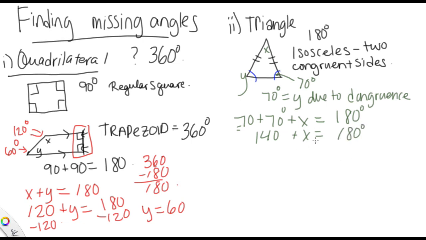How do we find the x? We subtract 140, and x equals 40 degrees. So now we found our x equals 40 and y equals 70.